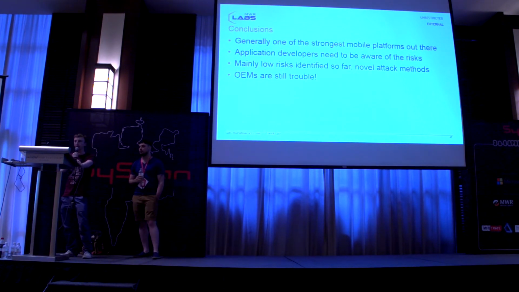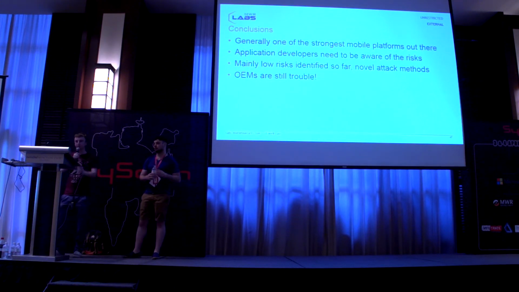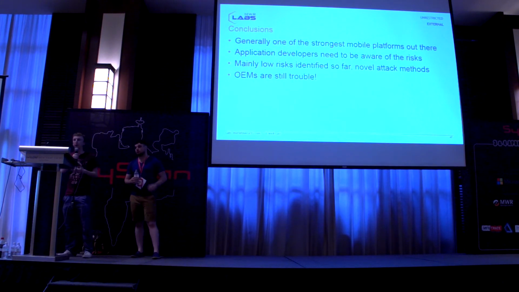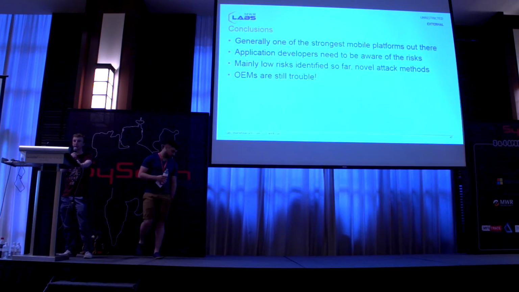But it shows that novel attack methods can still be found and used by an attacker. And finally, the OEMs are still trouble. An OEM can still compromise the security of the platform entirely. So your choice in OEM actually dictates the security of Windows Phone 8 phones and apps.